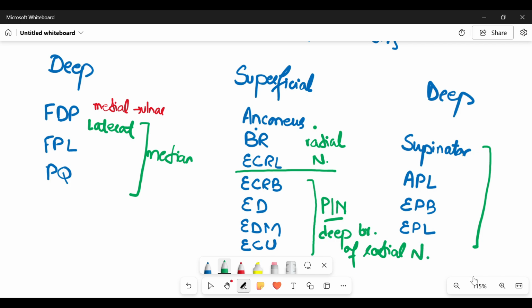One important point is that these three muscles make the boundaries of the anatomical snuff box. So it is better to remember them in this sequence.